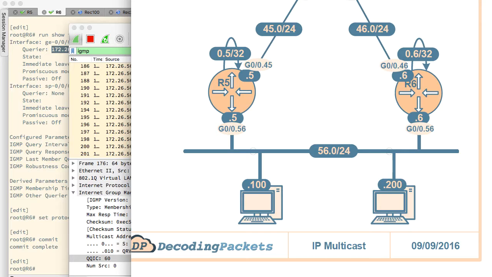So what should really happen if that thing is implemented correctly is, as the query goes out from R5 to R6, R6 should be able to look at its querying interval and look at the QQIC that is contained in this query and actually tune that to match that of the designated querier. So let's take a quick look at that, and if we can ascertain if that is happening or not.